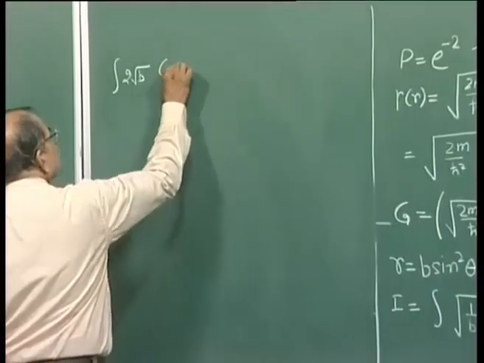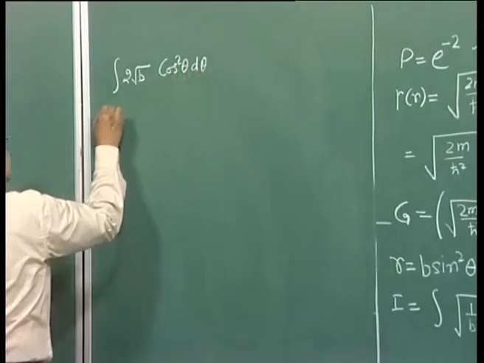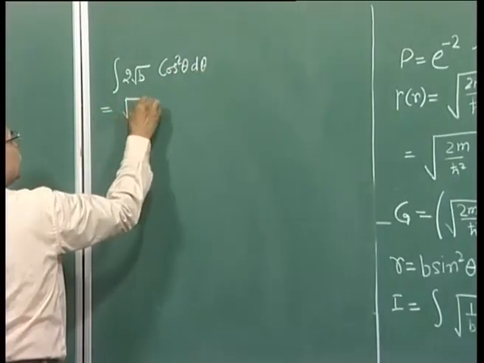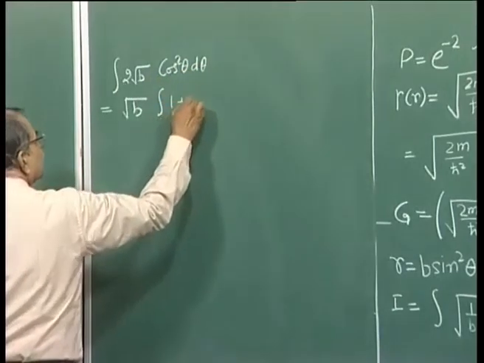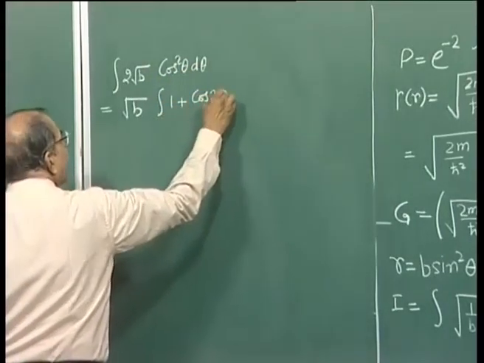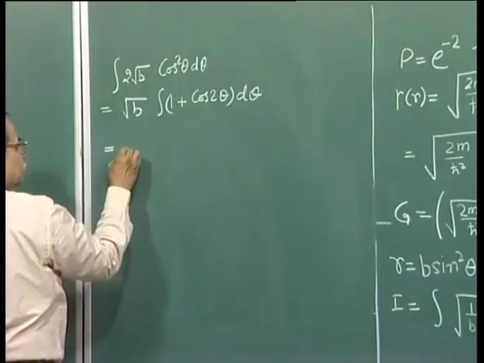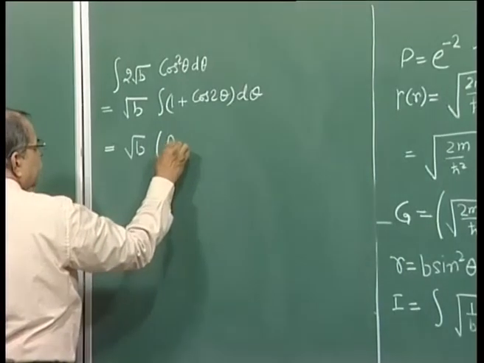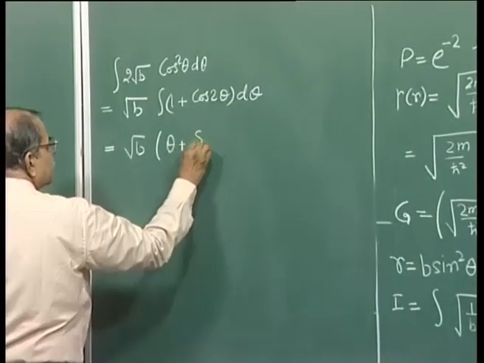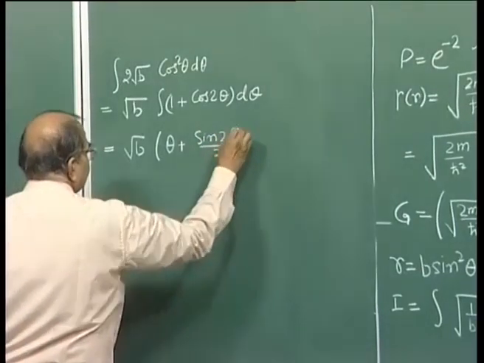I will put the limits of theta. Square root of b you can take out, and 2 cos square theta is 1 plus cos 2 theta, d theta, and that is square root of b times theta plus sin 2 theta by 2 under proper limits.